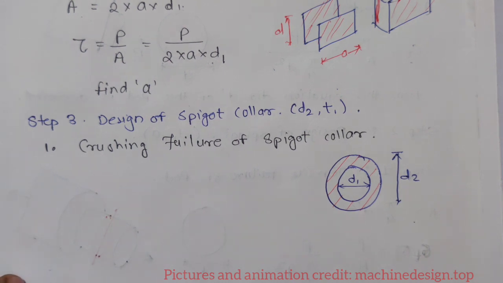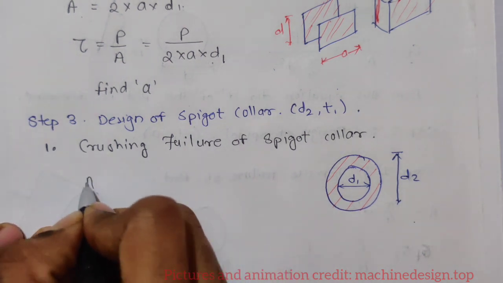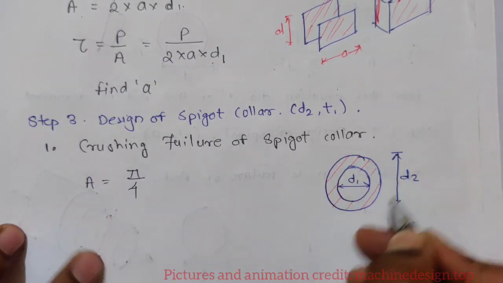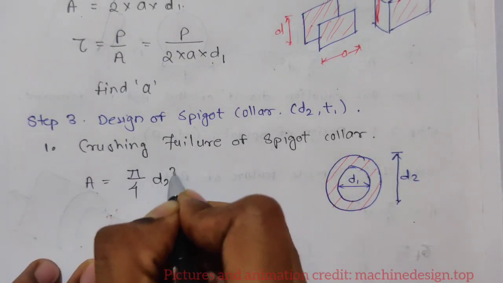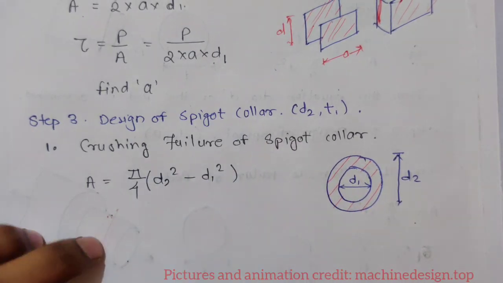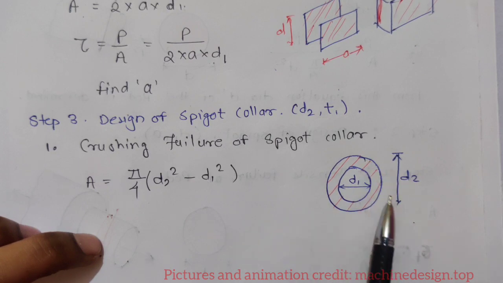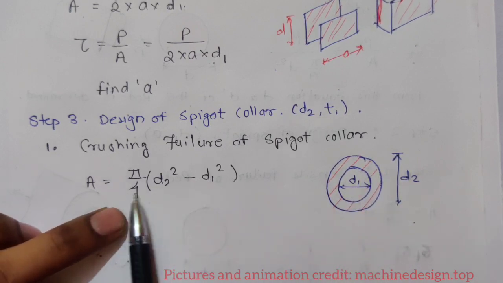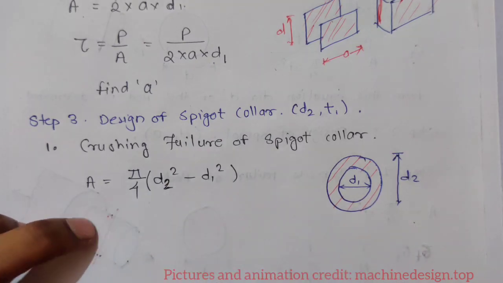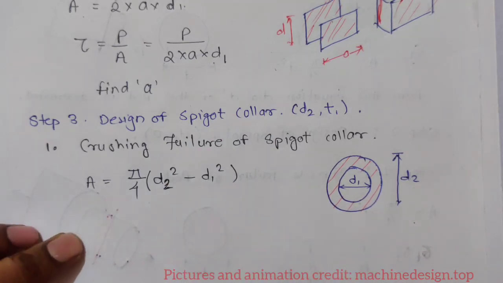So failure area is pi by 4 big circle, that is D2 square minus D1 square. Okay, you can say pi by 4 D2 square minus pi by 4 D1 square. Pi by 4 common, so pi by 4 (D2 square minus D1 square). So this is the failure area.